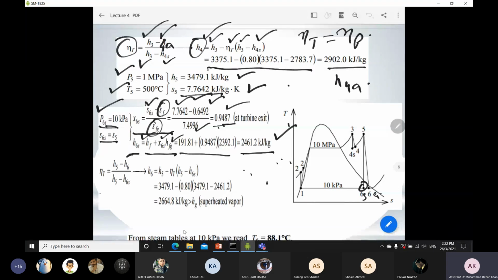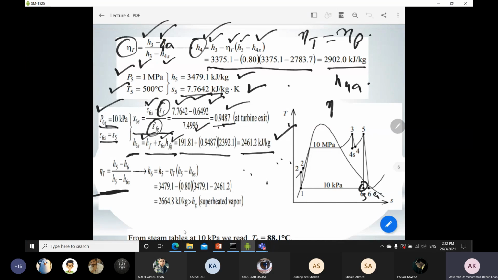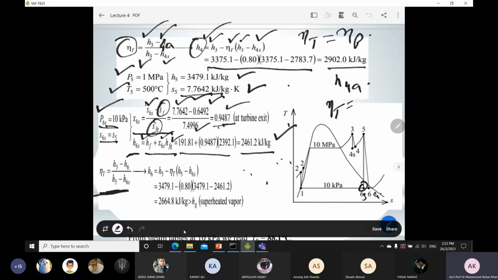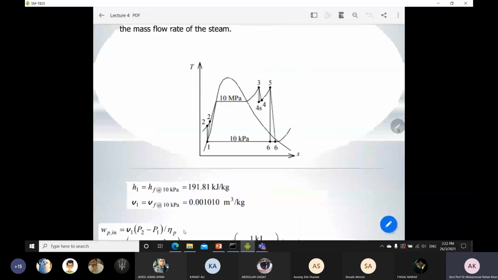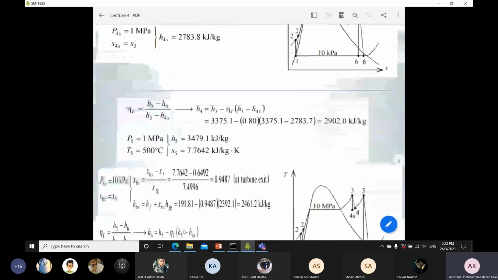For 6A, there is another point, because in the question it is mentioned what the isentropic efficiency of the turbine is. We'll see that it is 80%.